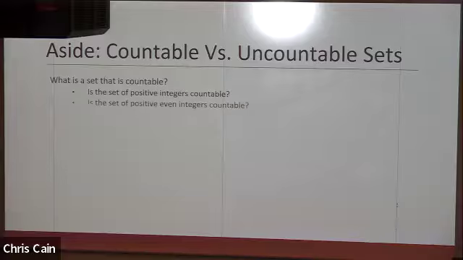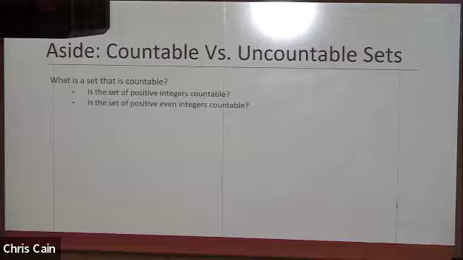How about the set of positive even integers? Is that countable? Where would we start? What's the successor function? 0. So if it's positive, 0 is not technically defined to be positive. 2. 2, yeah. So we can start with 2. What's the successor function? 4. Add 2, the next is the previous plus 2.